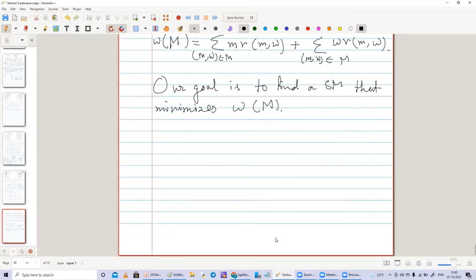The next one we have is called the minimum regret stable matching. But first, this egalitarian problem can be solved in polynomial time.